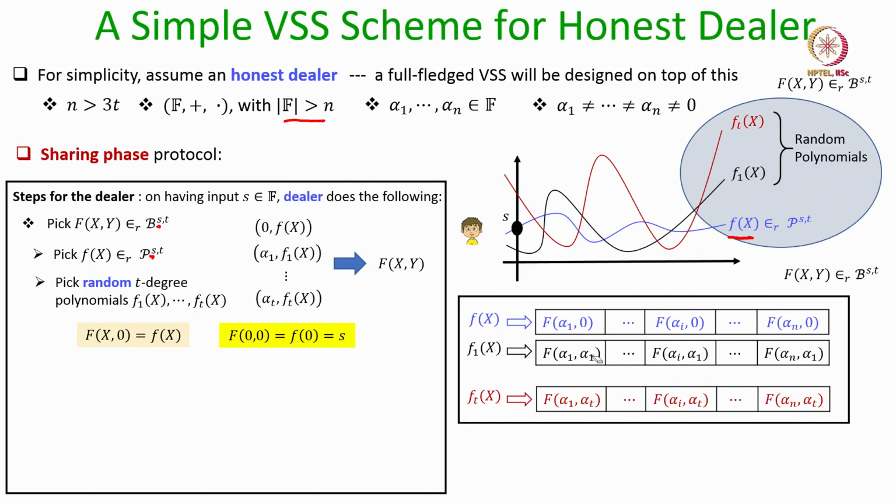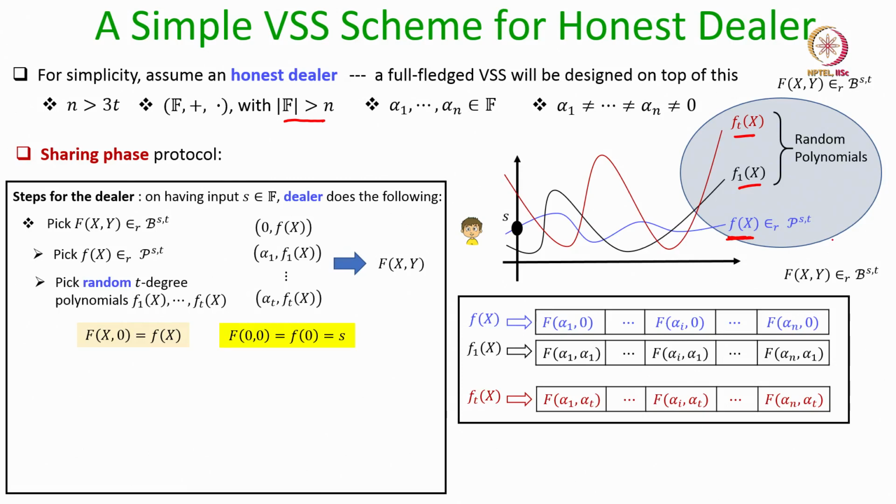Either it can do that by picking the coefficients randomly or by picking the univariate polynomials lying on that bivariate polynomial randomly, except the polynomial at y equal to 0. That polynomial is also random, except that its constant term is the secret of the dealer. So, pictorially this is what the dealer has done.